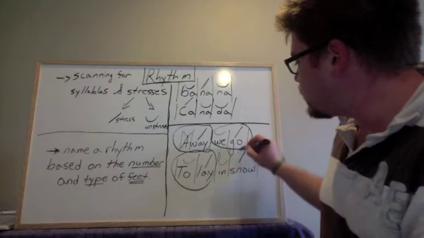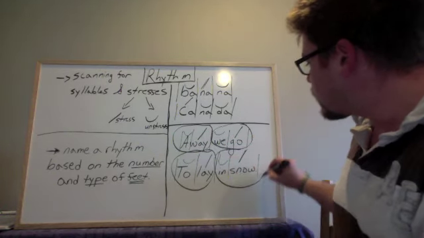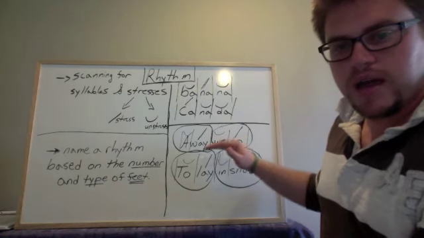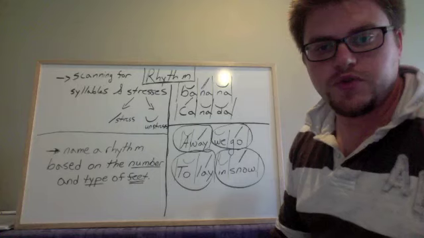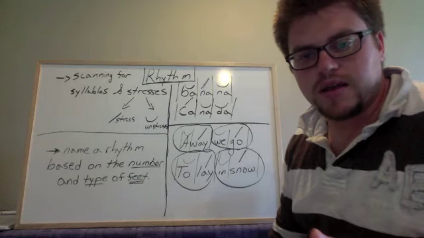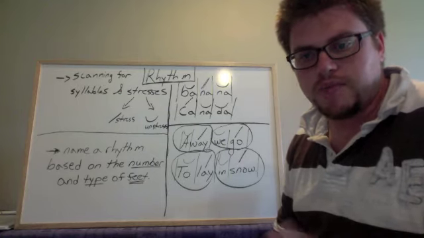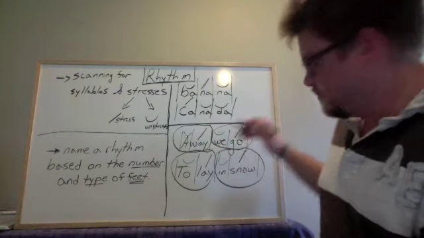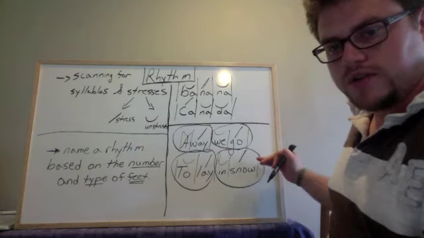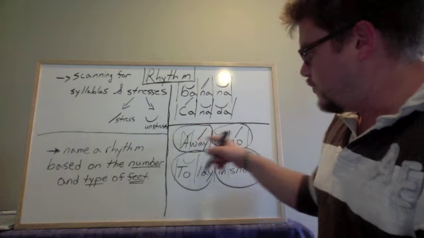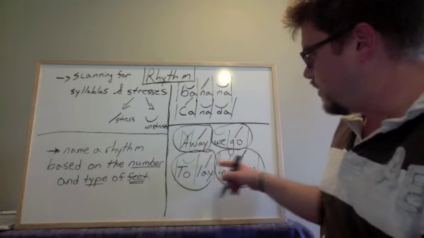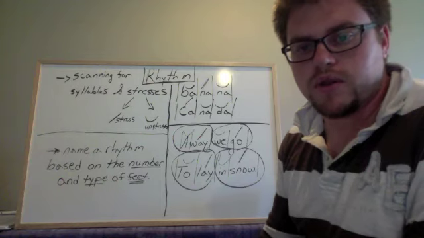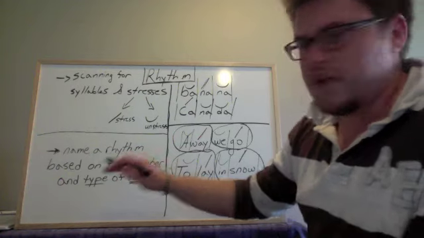Again, unstressed, stressed, unstressed, stressed. Each line is going to have 2 feet of iambic meter. Make sure you look those words up in your handout. Each line, this is line 1, this is line 2, is going to have 2 feet of iambic meter or iambic rhythm.